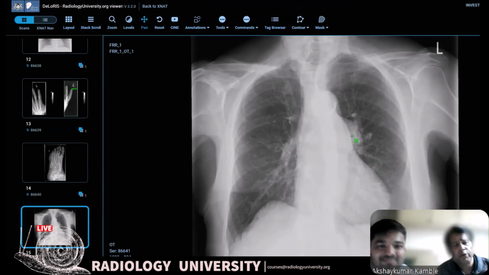But from the point of view of rapid reporting, remember that the Royal College will only give you one finding at one time. So it could be left hilar prominence only, and they are non-controversial. But for the sake of abnormality, if there are two and you write both, or you write one of them, you'll also get marks.